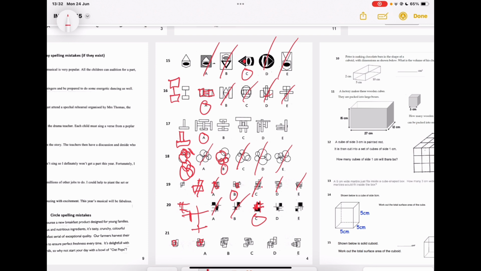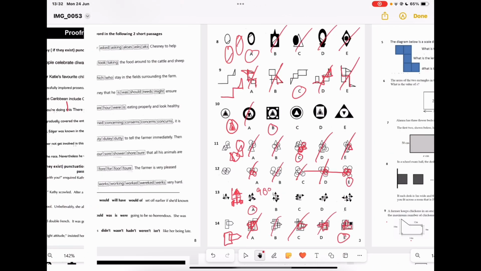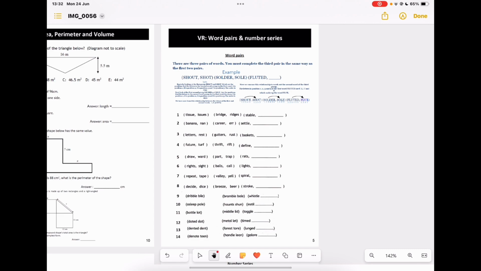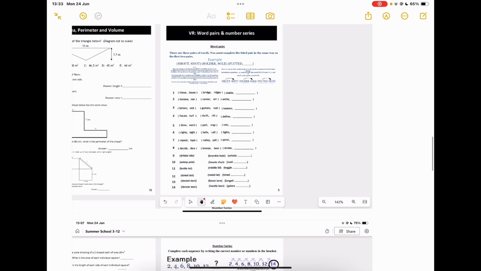So then the square is in the bottom left of it, and then the rectangle is beneath it. So the answer to 21 is A. So 21 is A. Next, we are looking at question word pairs and number series.